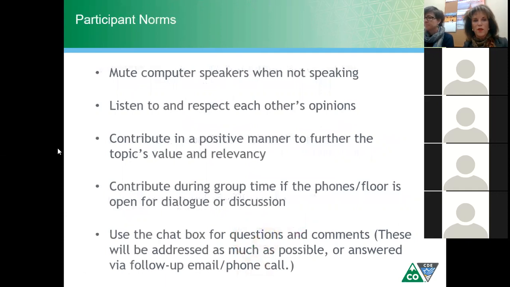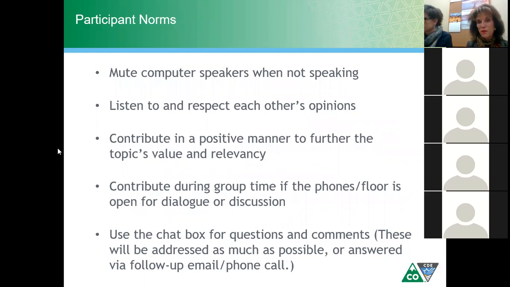Okay. So we have a few norms I just want to cover quickly in regard to running the session. Please mute your computer speakers when not speaking. I have muted everyone, but if you turn yours on, please remember to turn it back off. Of course, listen and respect each other's opinions. Please feel free to contribute in a manner that will help us further the topic and the relevancy of our topic.